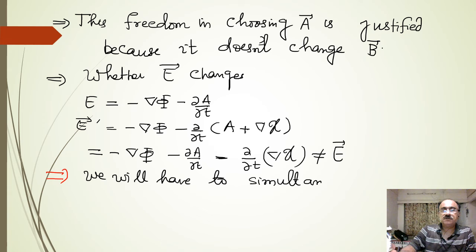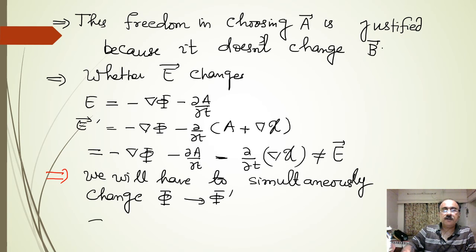The moment we change A to A dash, we will have to simultaneously change phi to phi dash. And what will be the new phi dash?